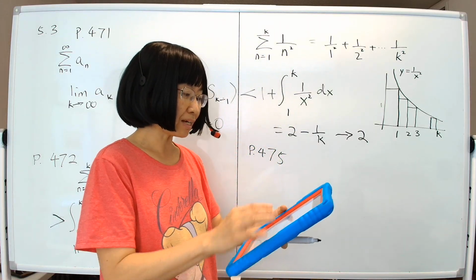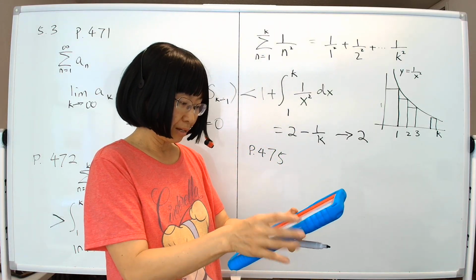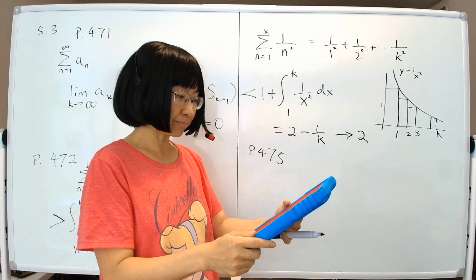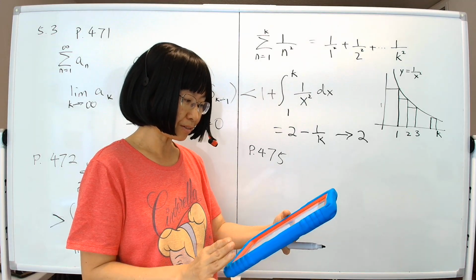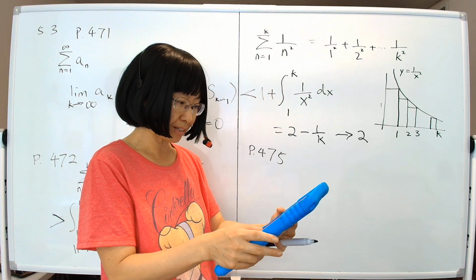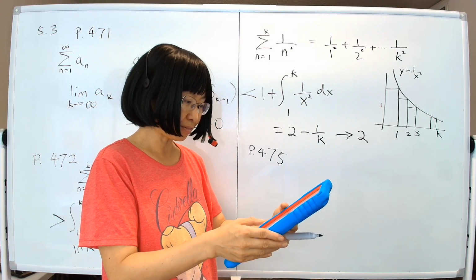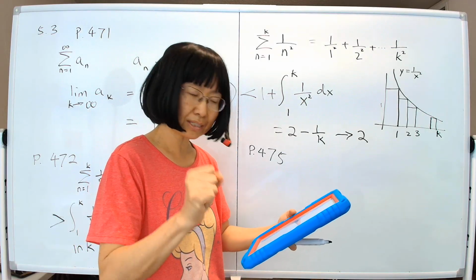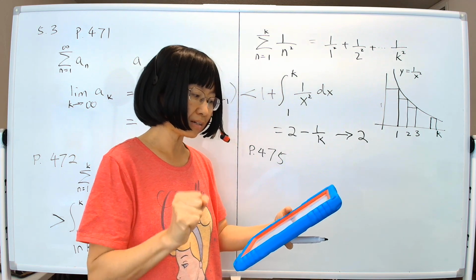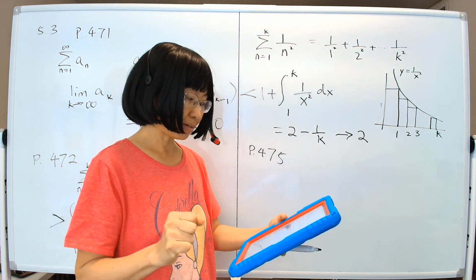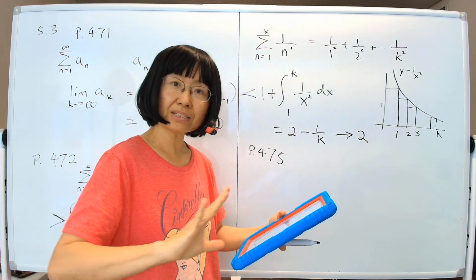So as a result, we have theorem 5.9, which states that if you have an infinite series with various necessary conditions, the an's are positive, and there's a function f such that f is continuous, decreasing, and f of n equals an for all integers on the tail end.